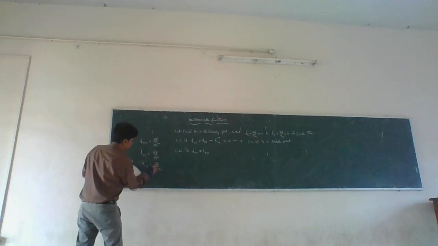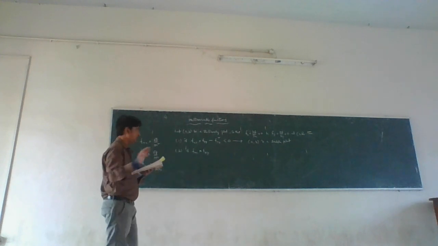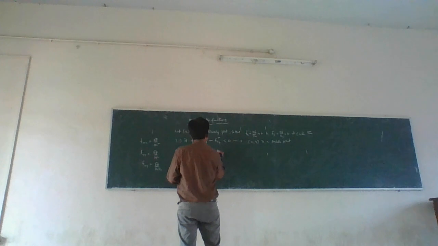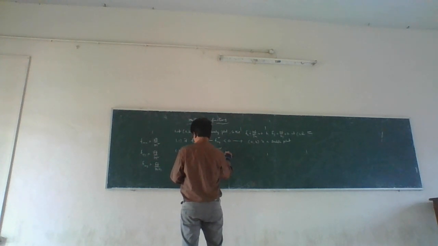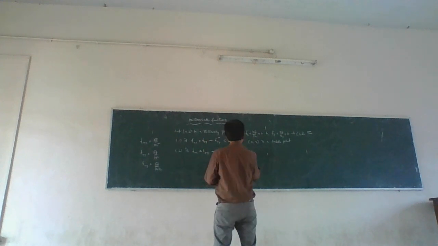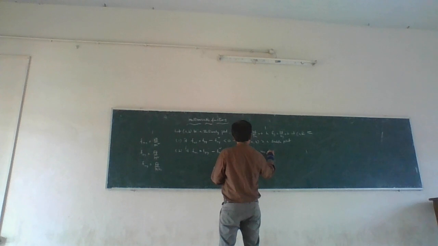That means ∂f/∂y is differentiated again with ∂/∂x. Right? So if fxx into fyy minus fxy square is greater than 0, then it is either maxima or minima.